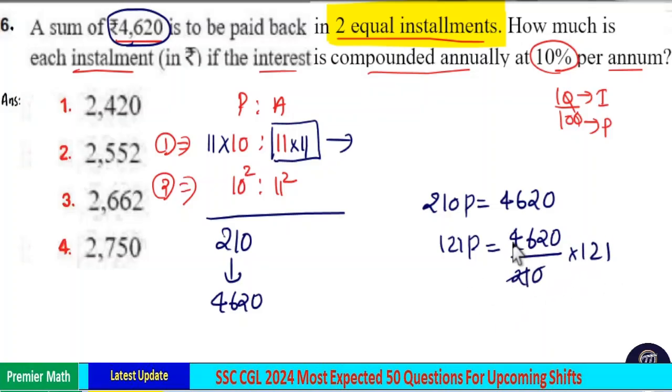Here 21 goes 2 times in 46, remaining 4. So 21 goes 2 times in 42. Now 0, 0 cancel, 22 into 121. 22 into 121 means 121 into 2 into 11. 121 into 2 into 11 means 242 into 11.